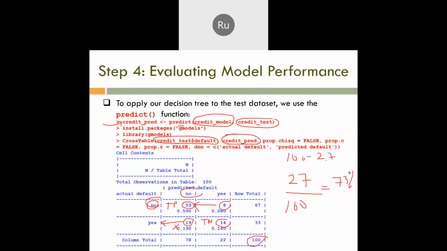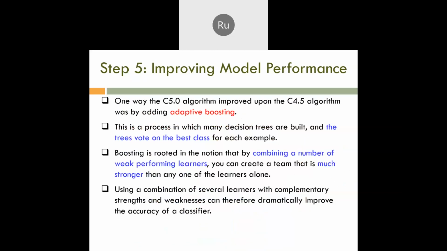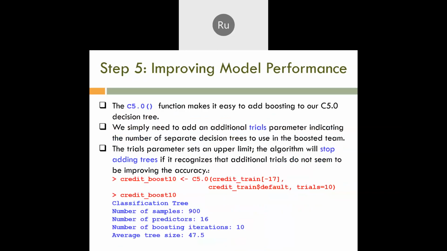Since this only shows you one tree, basically we can build more than one tree. So how do we improve them? We can build or get more than one tree. For example like this, we repeat the same thing here, but we set trials to 10, meaning that we will have 10 trials in order to get another tree which has better performance.